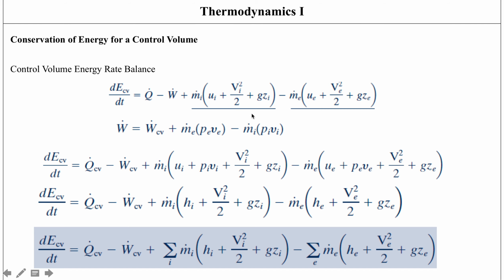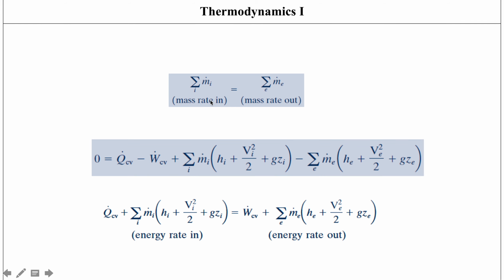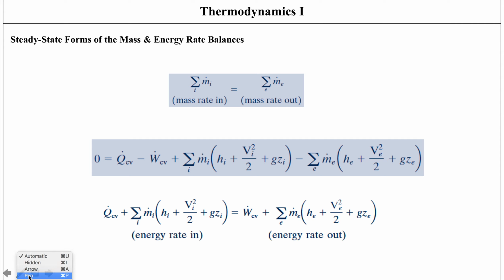Actually, scratch that. I'm just going to show you what it means over here. This is the steady state form of the mass and energy rate balances from the previous video. When we look at the steady state form of the energy rate balance, the left side of the equation goes to 0, because on the left hand side we had dE by dt, and this goes to 0 for a steady state control volume.